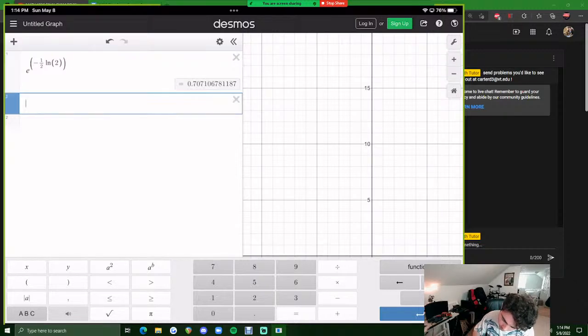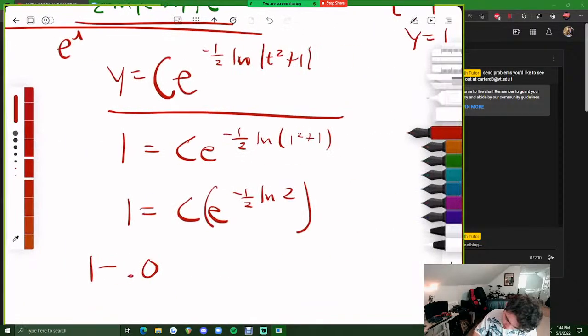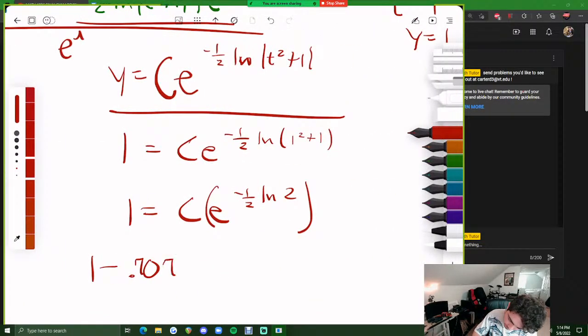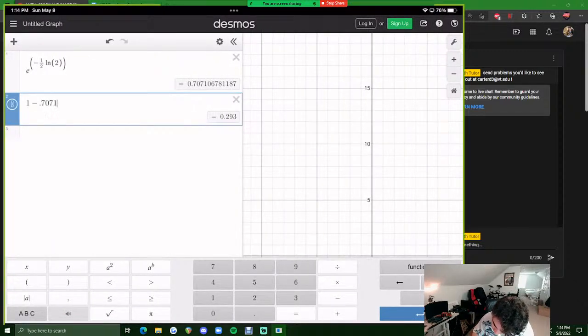And now if we subtract that to the other side, so 1 minus this 0.707, we will get, I'll use a few more decimals to be a little more exact here, 0.293.